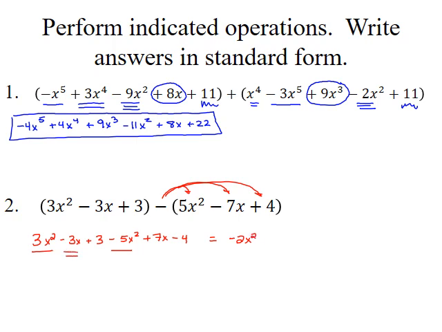You have a negative 3x and a positive 7, so negative 3 plus 7 is positive 4x. And then a positive 3 and a minus 4 gives you a minus 1. That is your combined terms. Just make sure you remember to distribute the negative to all three of those terms.